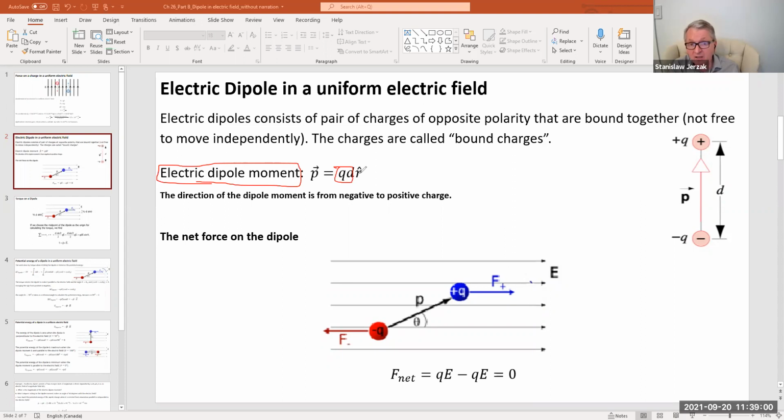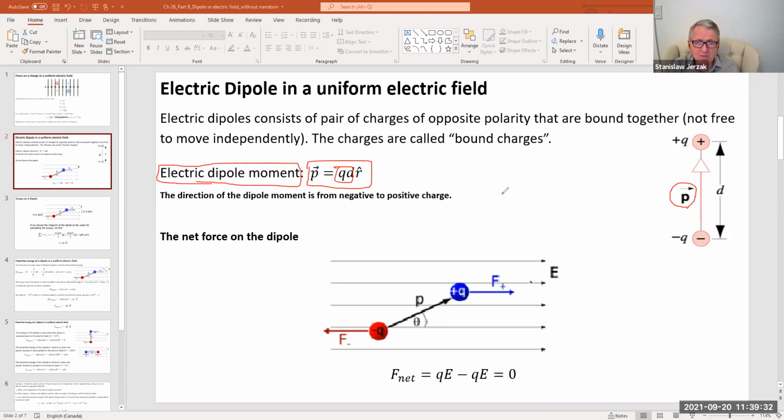And that r hat is the unit vector which shows the direction of the dipole moment, which we usually designate by the letter p. The vector p is directed from negative to positive charge. Not from positive to negative, but from negative to positive. So the electric dipole moment is a vector quantity whose magnitude is Q times d and whose direction is from negative to positive charge.